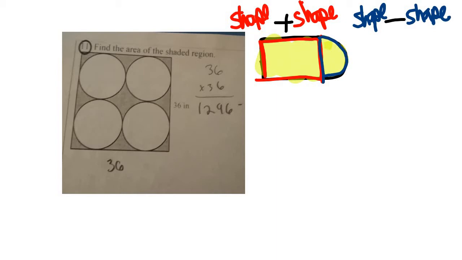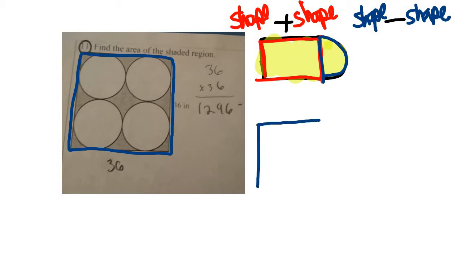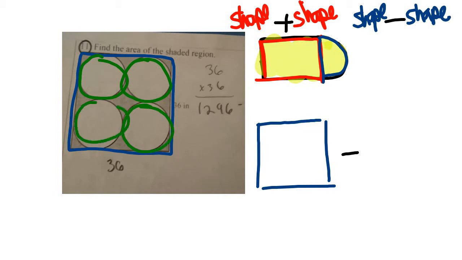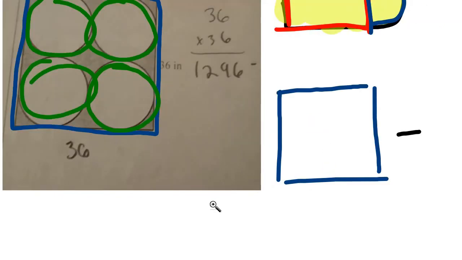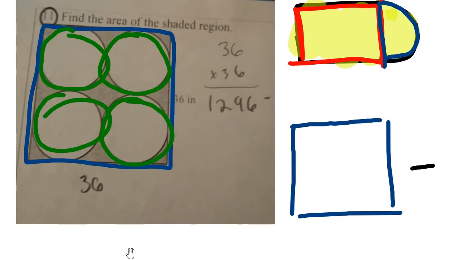What's going on here on the left is what's called a negative space composite shape, because you are going to be finding the area of this square, and you are subtracting the area of 4 circles. So to get the shaded region, if you look very carefully, I'm going to shade it so it's easy to see.